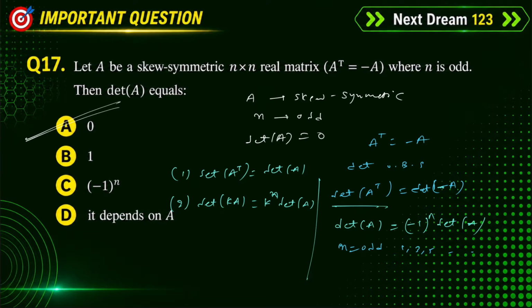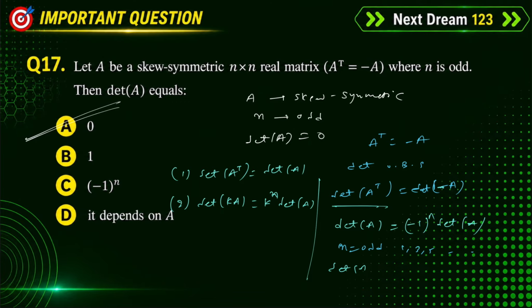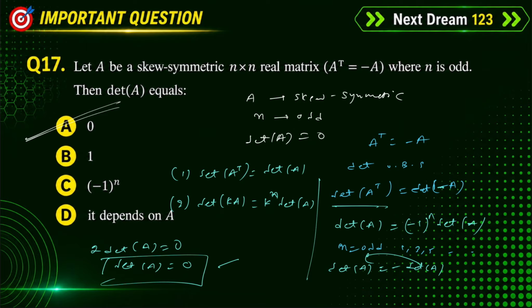If I take n equal to 1, for example, determinant of A is equal to minus determinant of A. That means if I shift this side, we get 2 times det of A equal to 0, then finally we get det of A equal to 0. Like this we got the answer 0. This is the answer for question number 17.